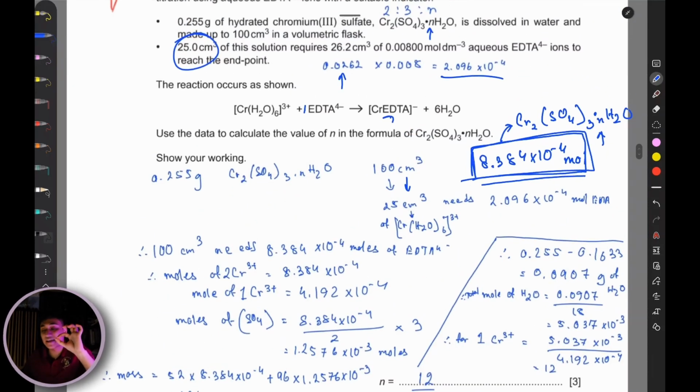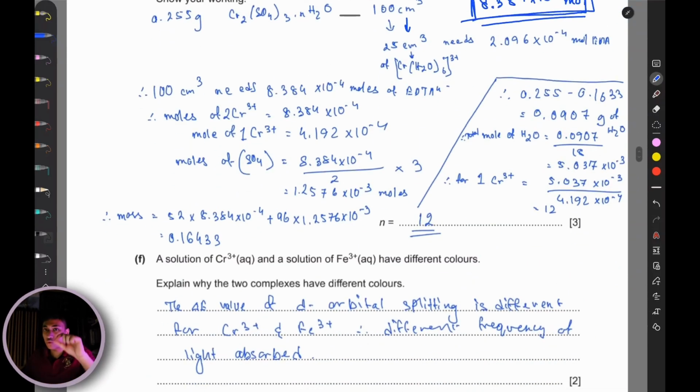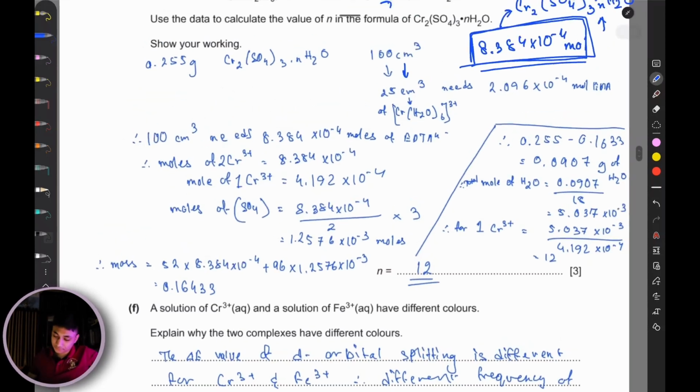I know the total mass of the compound, right? Now, I know the moles of either of the ions. So I can subtract the mass of the ions from the compound to find the mass of water. And then I'll be able to find out the total portions or ratio of water molecules. So let's do that.